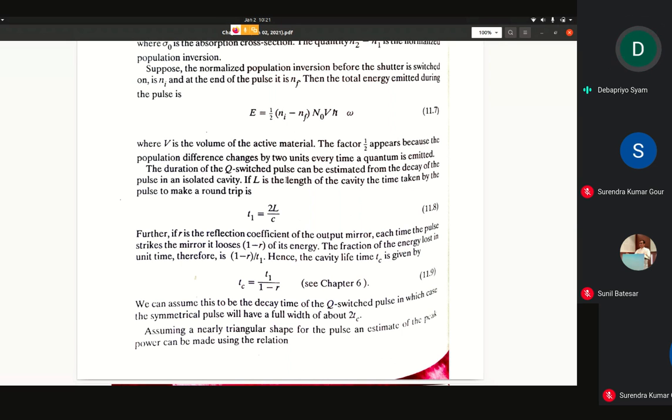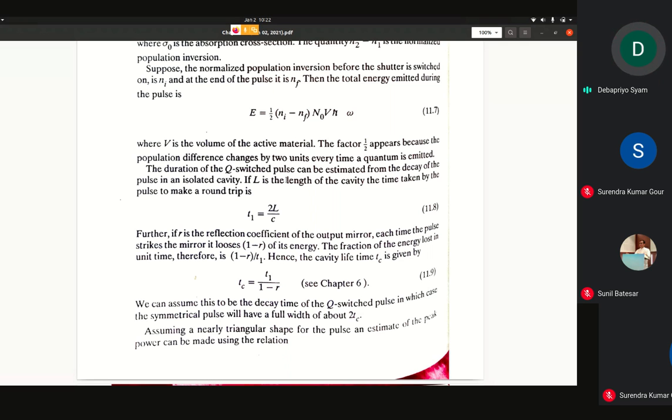Now, in one back and forth motion, the time taken is T1, so the energy lost in one back and forth motion is 1 minus R. This is lost in time T1.